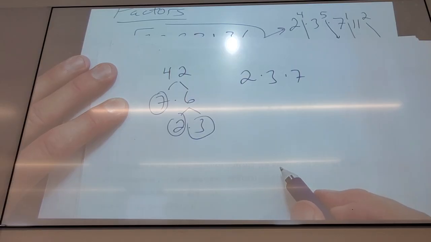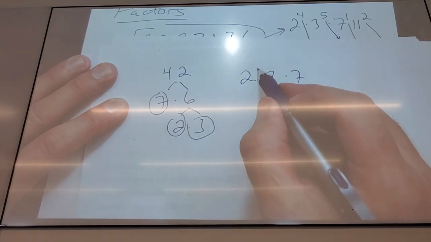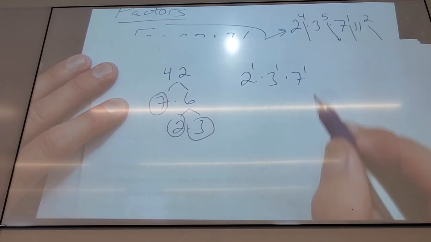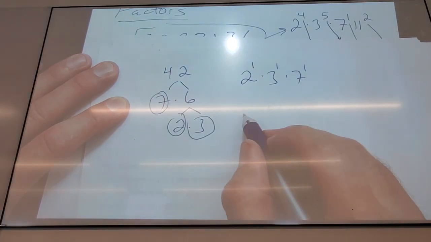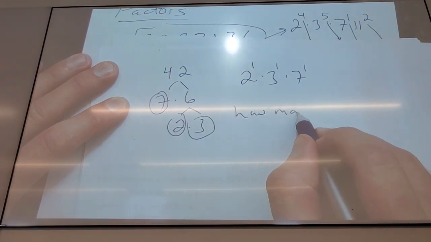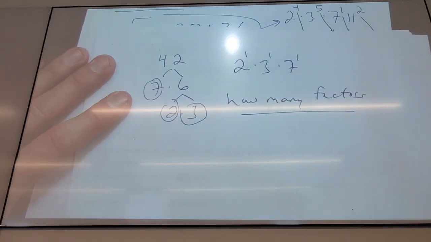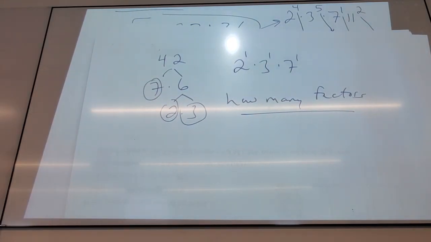What's every power? Every power on the numbers. 1, 1, 1. So how do I figure out how many factors 42 has? That's all I want to know. I don't want to know what any factors are. I just want to know how many there are.